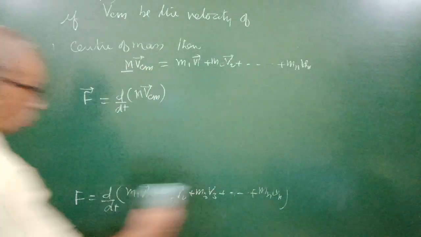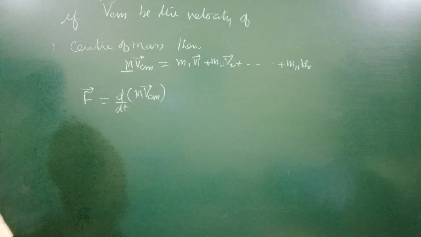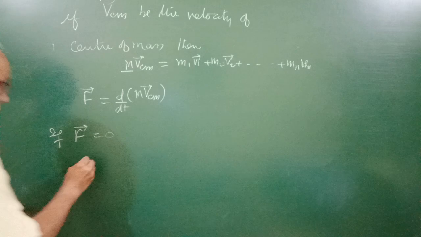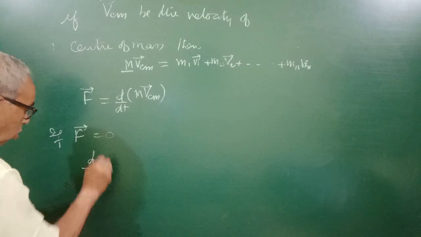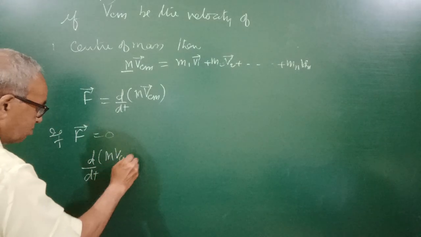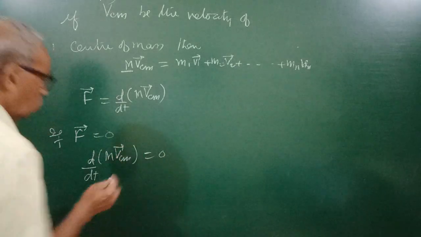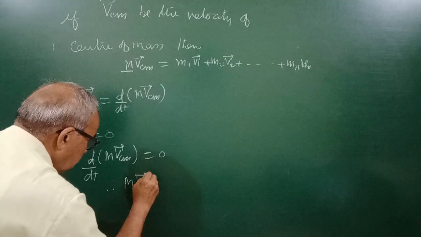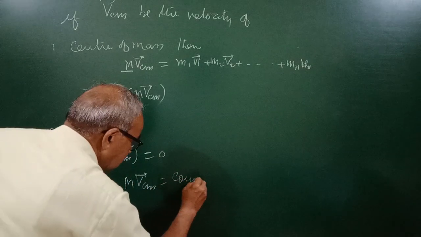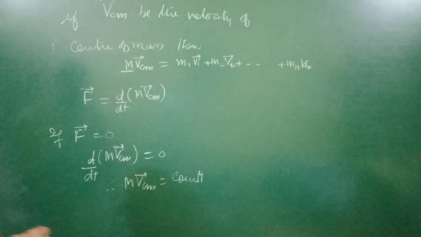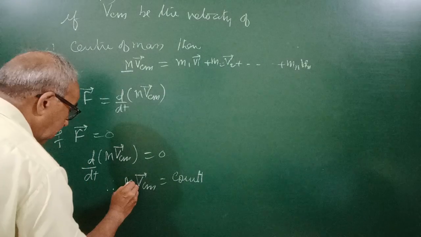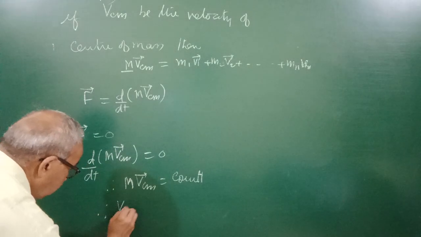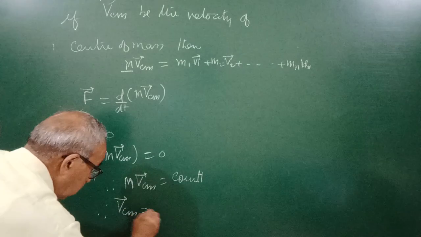Now, if F is equal to 0, then d by dt of M Vcm equals 0, and hence M Vcm equals constant, and since the mass of the system does not change, Vcm is constant.